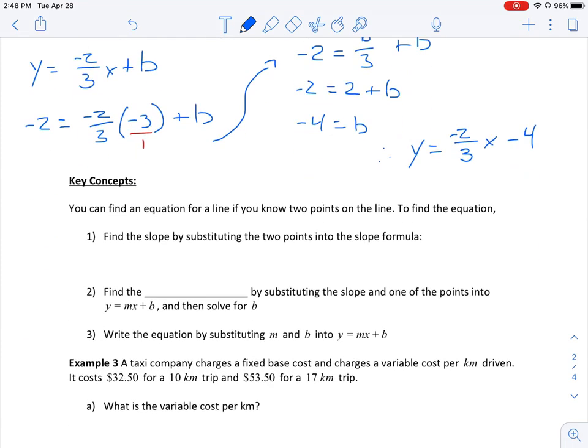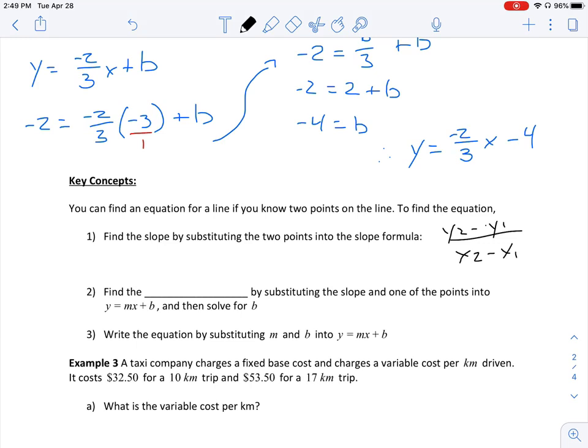So you can find an equation of a line if you know 2 points on the line. To find the equation, first find the slope by substituting the 2 points into the slope formula, y2 minus y1 over x2 minus x1.